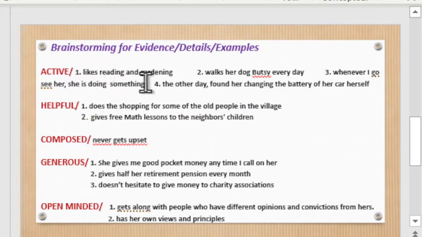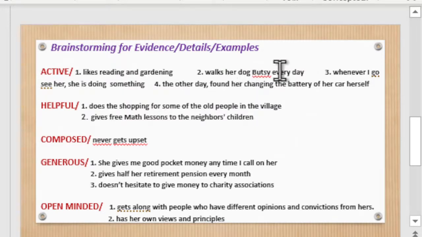Here again, I have done the job in order to save time, and I have found the following reasons why she's active. Well, 1, she likes reading and gardening. Now, gardening and reading are activities that Aunt Zahra engages in, and they show that she's an active person. She doesn't just sit in front of TV or lie in bed. 2, she walks her dog Butsy every day.